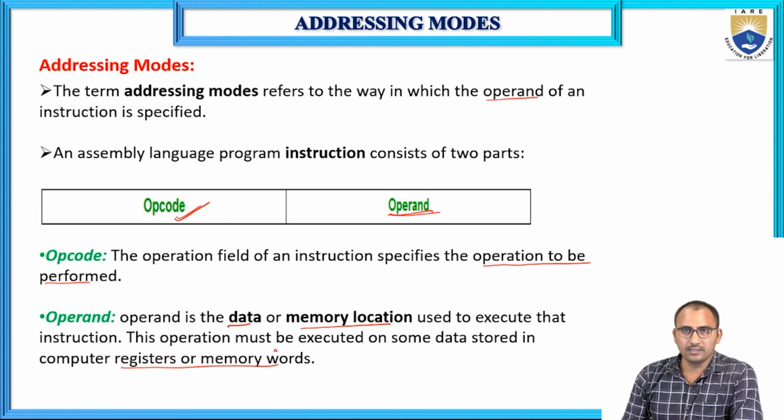Sometimes these operands may be direct operands, sometimes we store them in registers, and sometimes in memory words. So opcode means operational code, and operand is the data or memory word on which we perform the operation. By combining opcode and operand, we get an instruction. An instruction is a command to the processor to perform some task.